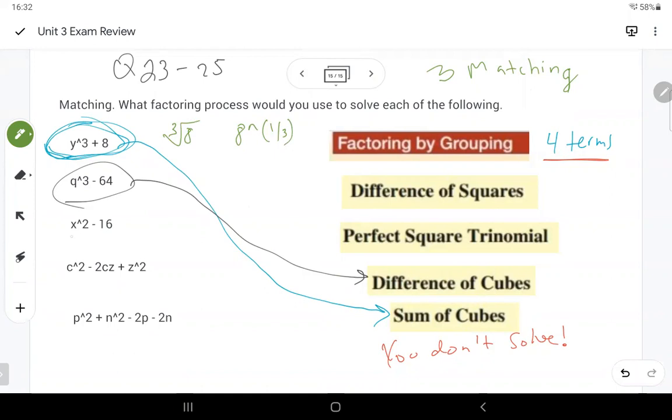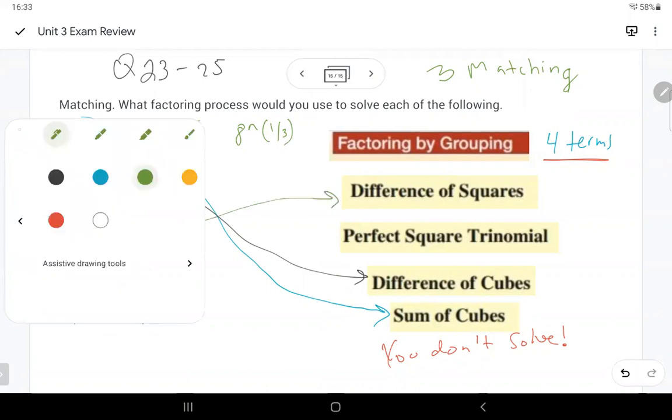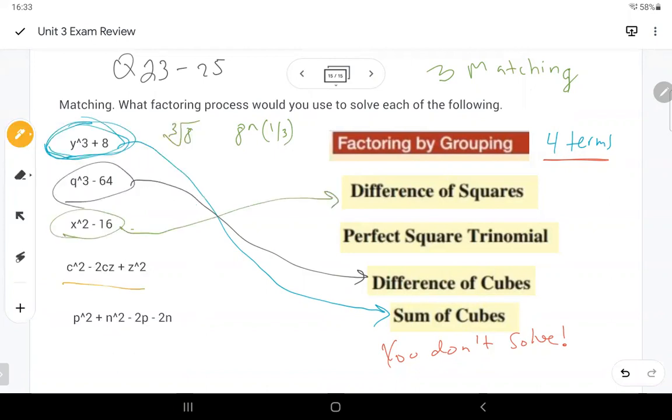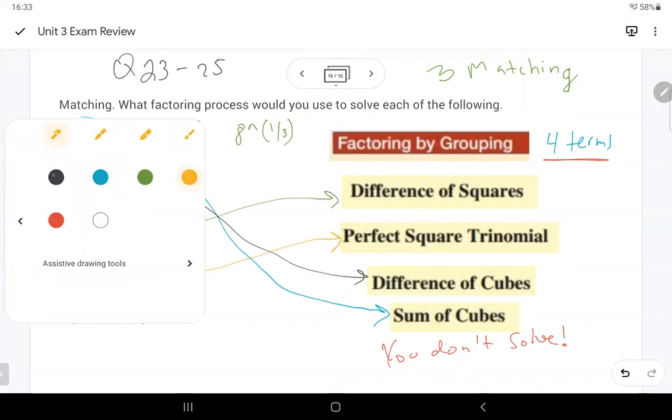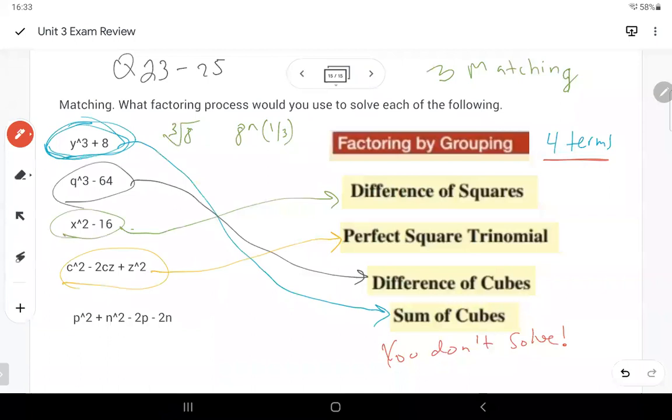So same thing can be used for square root. This is a difference of squares. This is perfect square trinomial. And of course, the one with 4 terms is the factoring by grouping.